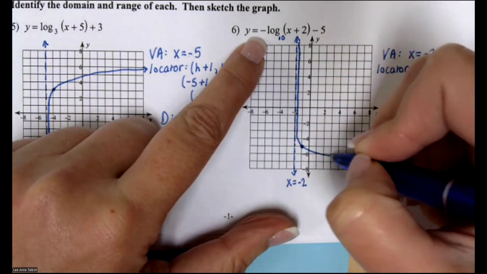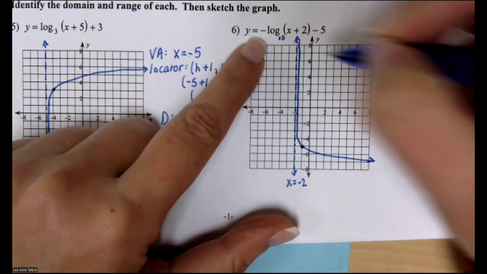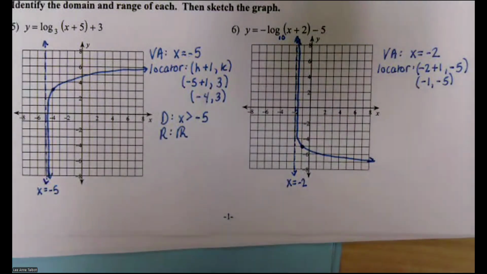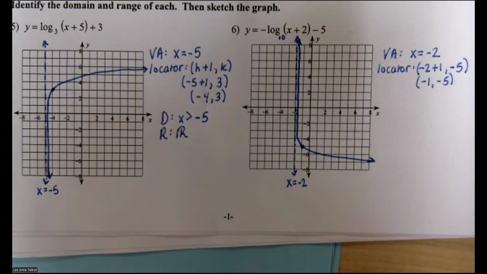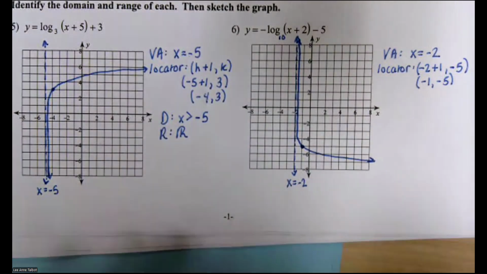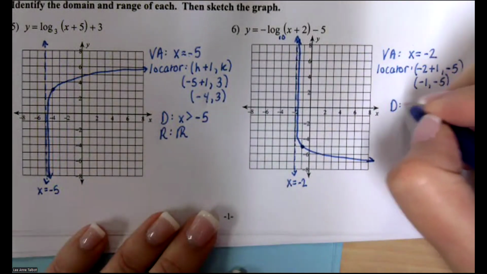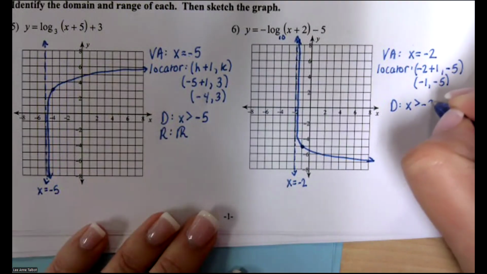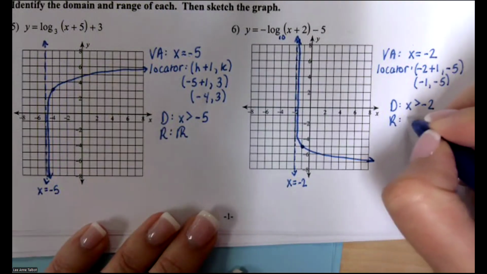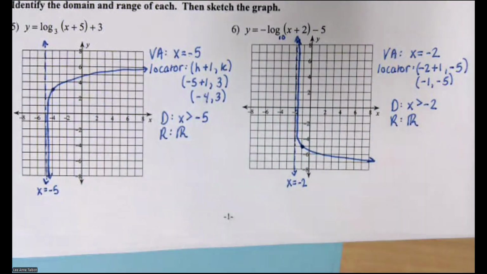And then decreasing. Domain x is greater than -2. Range all real numbers.